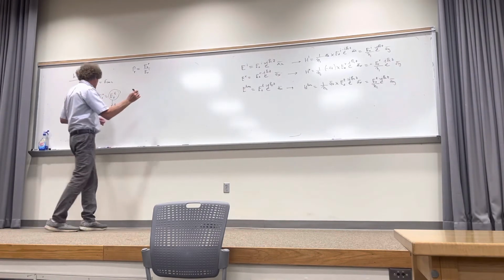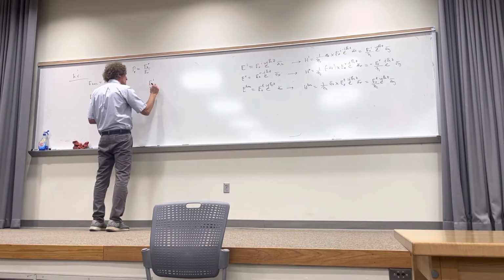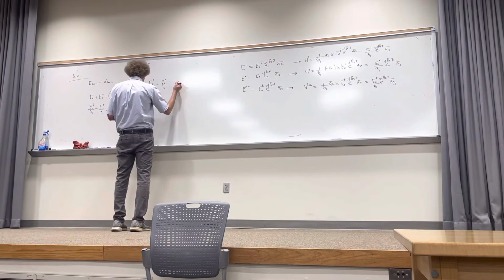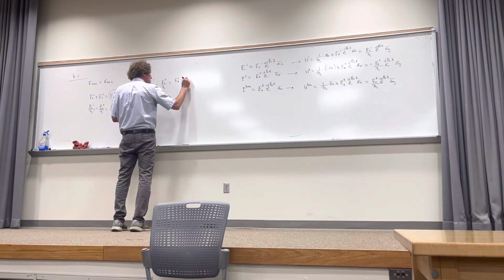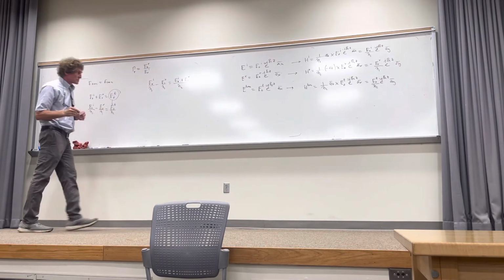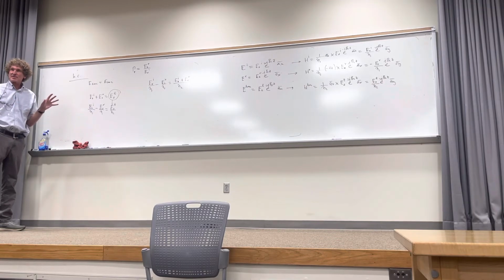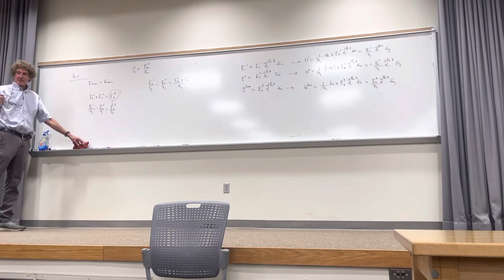So now I can say that E naught incident over eta 1 minus E naught reflected over eta 1 is equal to E naught incident plus E naught reflected, both over eta 2. Take a good look. I'm not trying to confuse you, just trying to make it as simple as I can. And now we're going to divide everything by E naught incident.